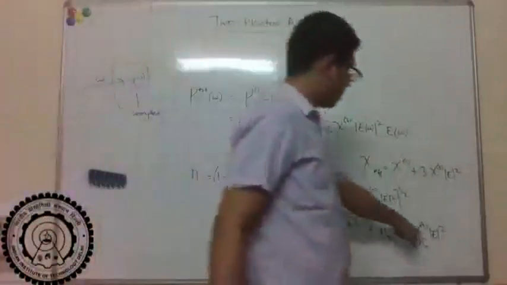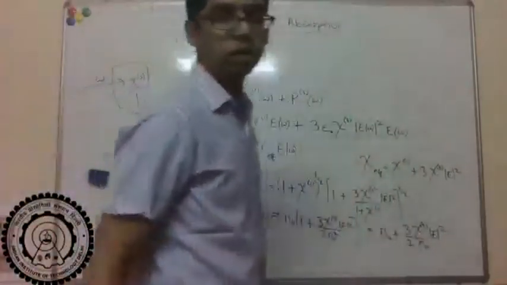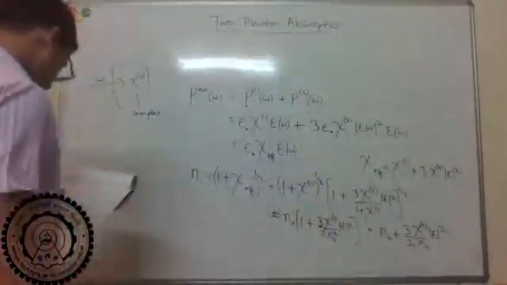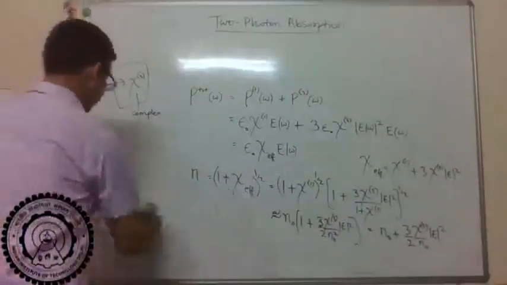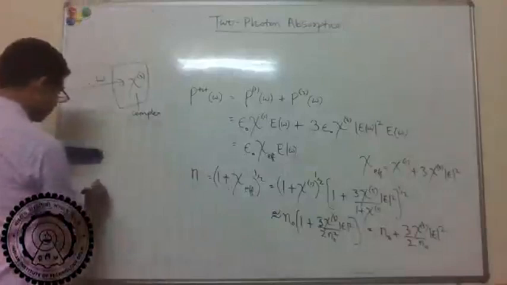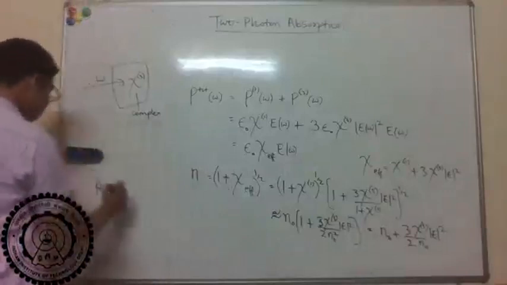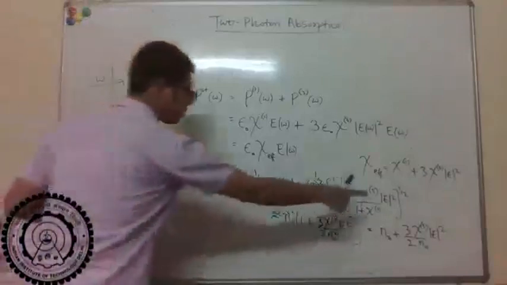But now let's consider chi3 could have an imaginary part also, right? So then the real part of the refractive index will be the real part of that.